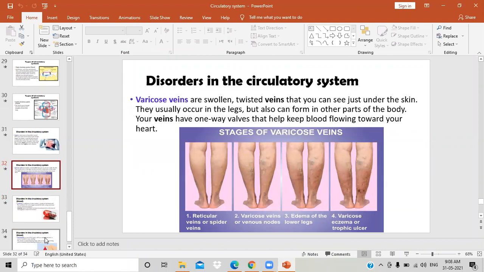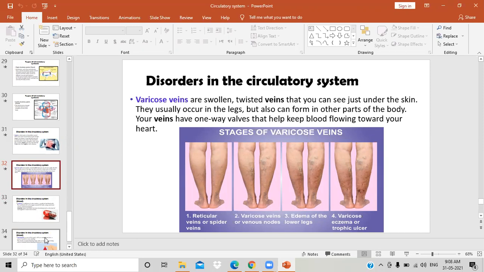Number two, away from the heart, you still have, because the circulatory system is composed of the heart and the blood vessels. So the blood vessels are a part of your circulatory system, and any disorder that affects the blood vessels is also affecting the circulatory system.